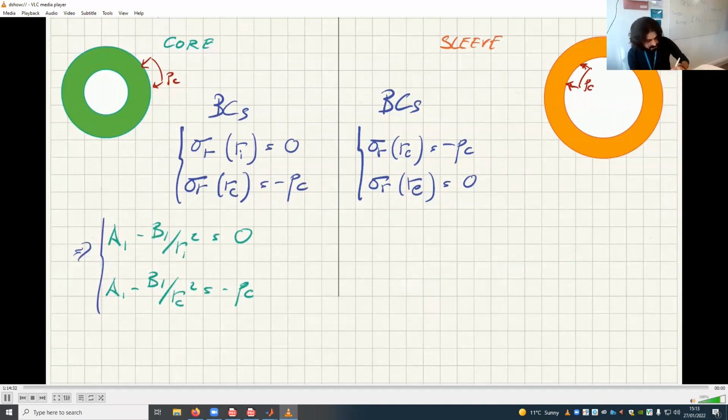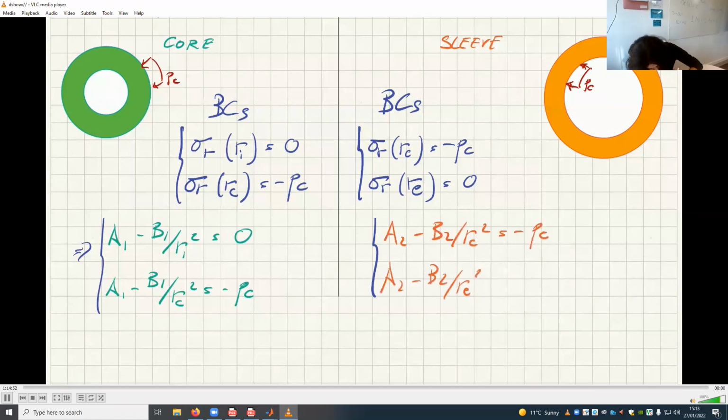For these other ones instead, we have A2 minus B2 over RC squared equals minus PC, and A2 minus B2 over RE squared equals 0. Now you can solve these.